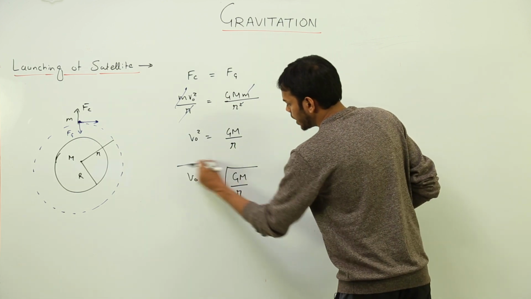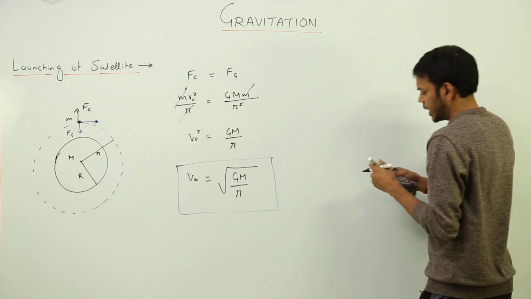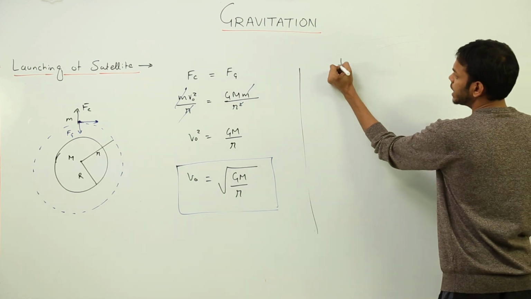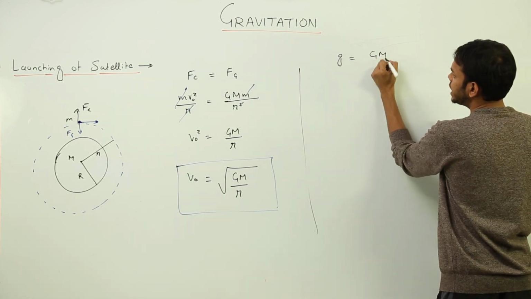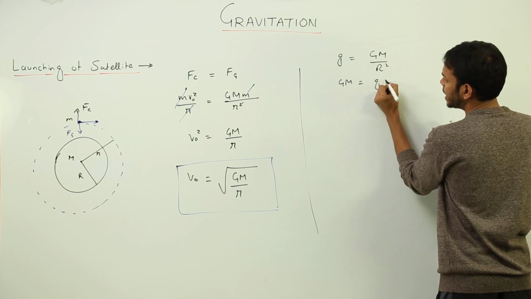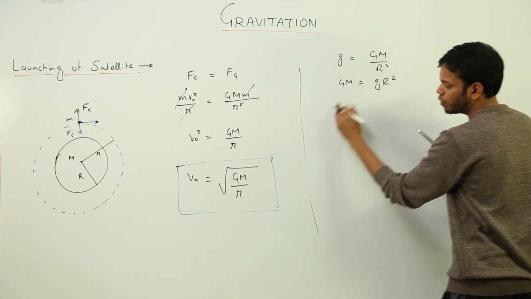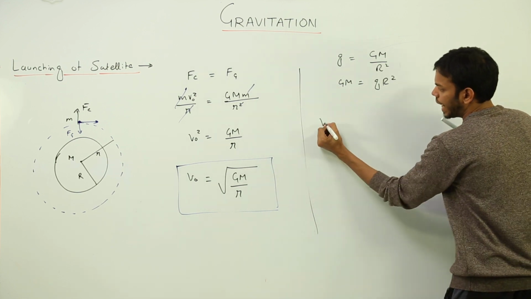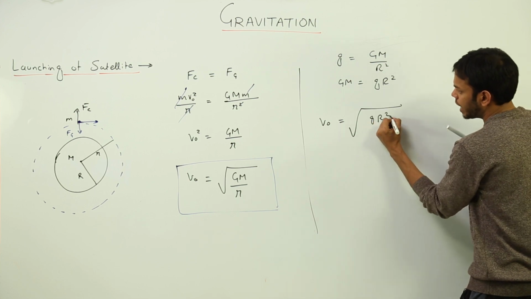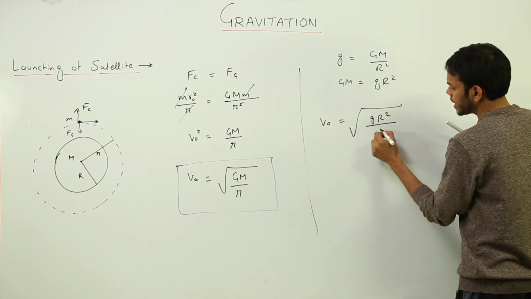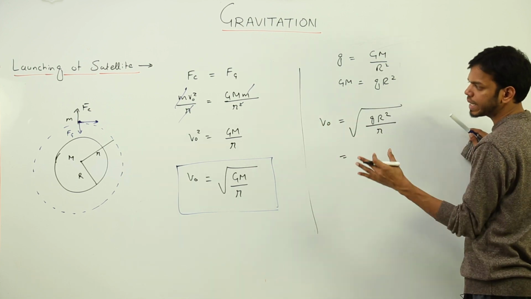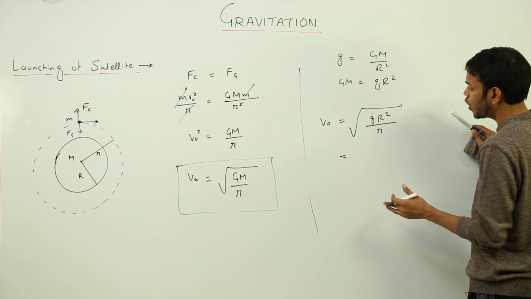This formula can be remodified by another thing. We know that acceleration due to gravity is what? Gm upon r square. That means Gm is equal to small g multiplied by r square. If I put this value of g into m in this formula, I'll get V naught is equal to under root g R square upon the single r, small r, which is the total height at which the orbit is there, or the total height at which satellite is revolving.